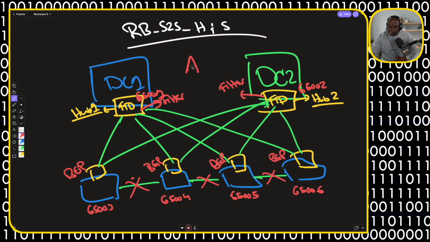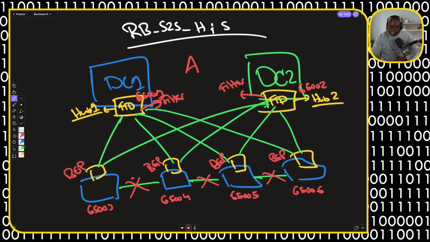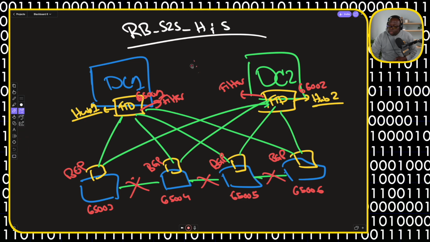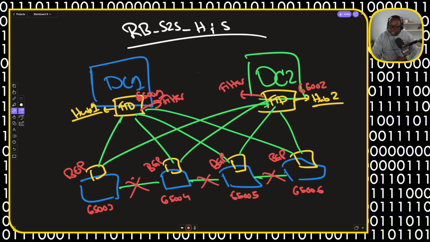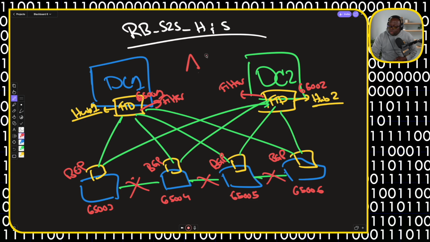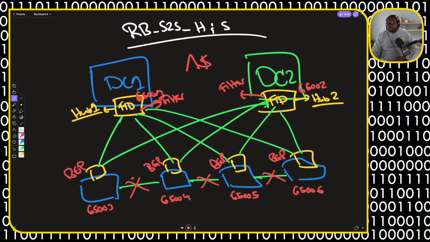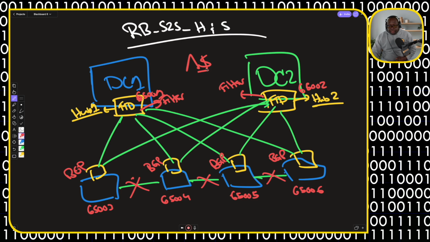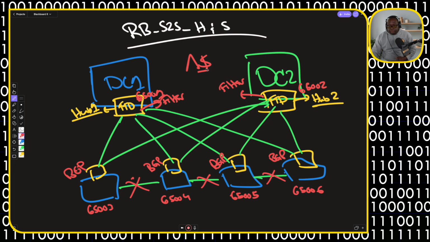Basically, the AS path filter is going to, I don't know why I almost put an A there, and that is completely wrong. So the AS path filter is actually going to look like this. Okay? Basically, it means no AS is in here, so I'm only going to advertise my local routes. That's basically what that means.